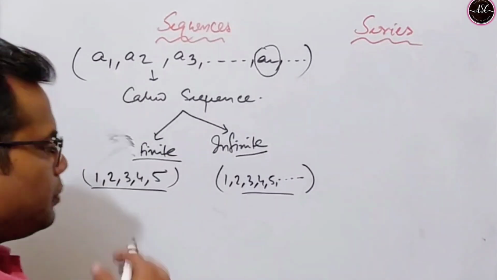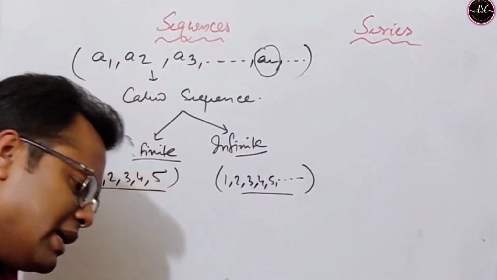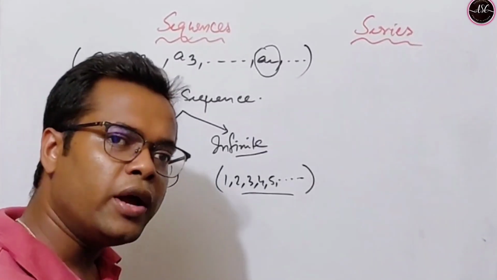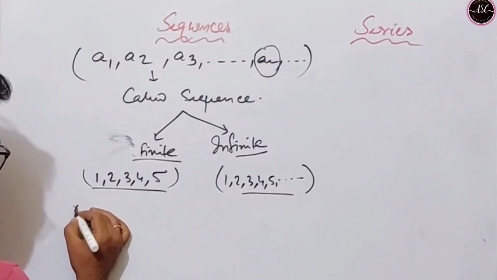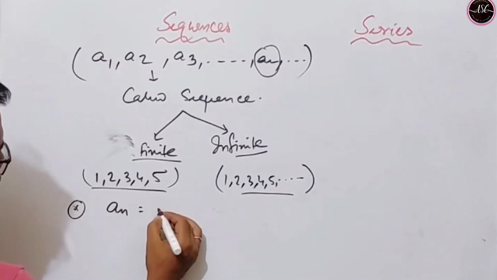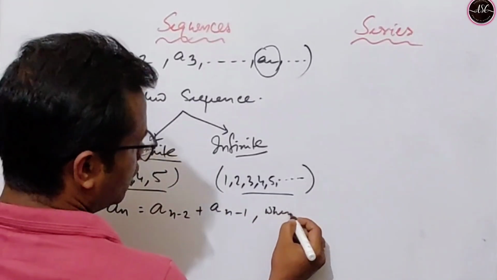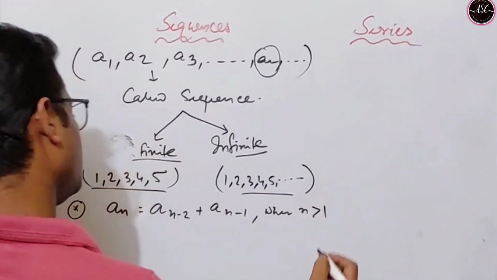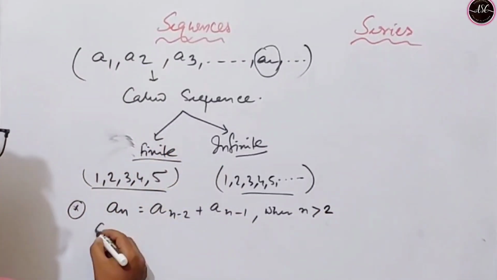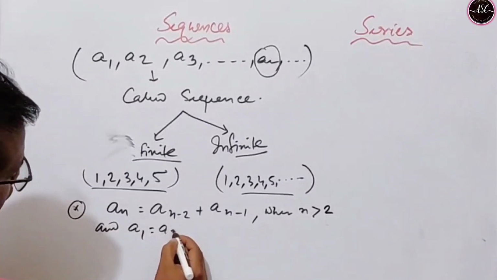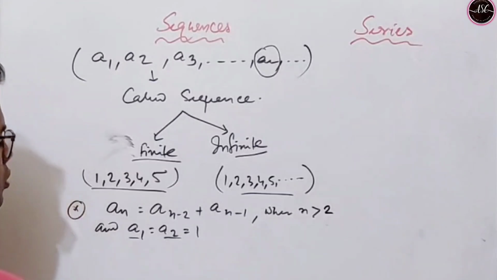In the previous sequences of even natural numbers and odd natural numbers, there is a visual pattern, and there is also a sequence where we can't find any visual pattern. Just look. If an is equal to a(n minus 2) plus a(n minus 1), when n greater than 2, and a1 is equal to a2 is equal to 1. Then look here, a1 is equal to a2 is equal to 1.